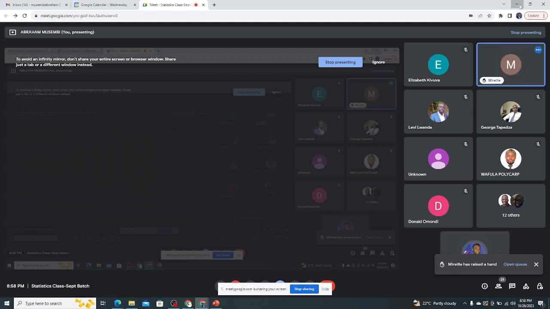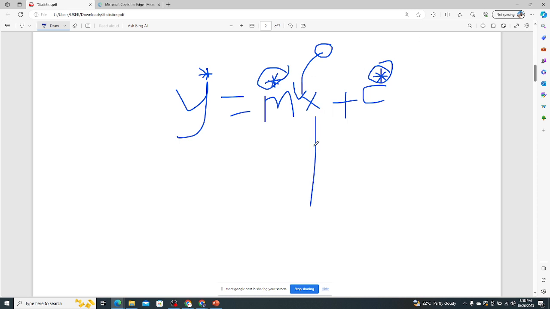So x is the independent variable. Or we also call it the predictor variable.